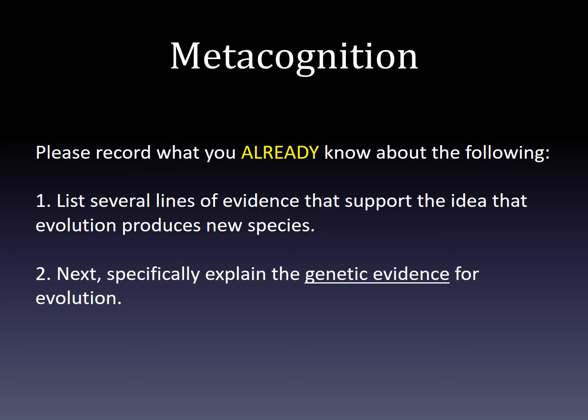Feel free to pause this video to give yourself time to jot down everything you already know. And then at the end of lecture, as always, we will revisit these two questions to see if I was able to explain any new details so that you can get your money's worth out of this lecture today.